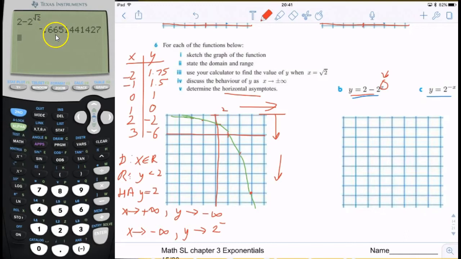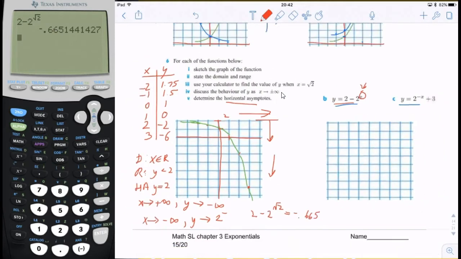So the value is negative 0.665. I'll say here, 2 minus 2 to the square root of 2 is equal to negative 0.665. I'm not sure why they asked us that. It's very off the wall.